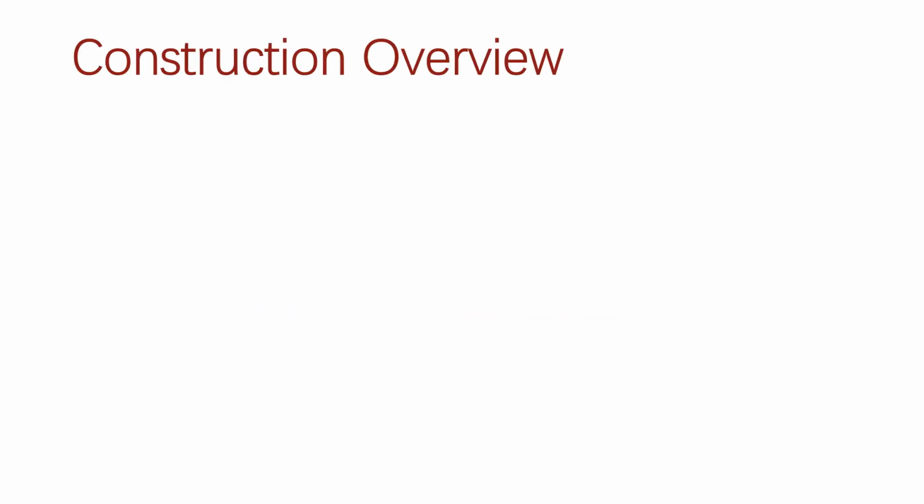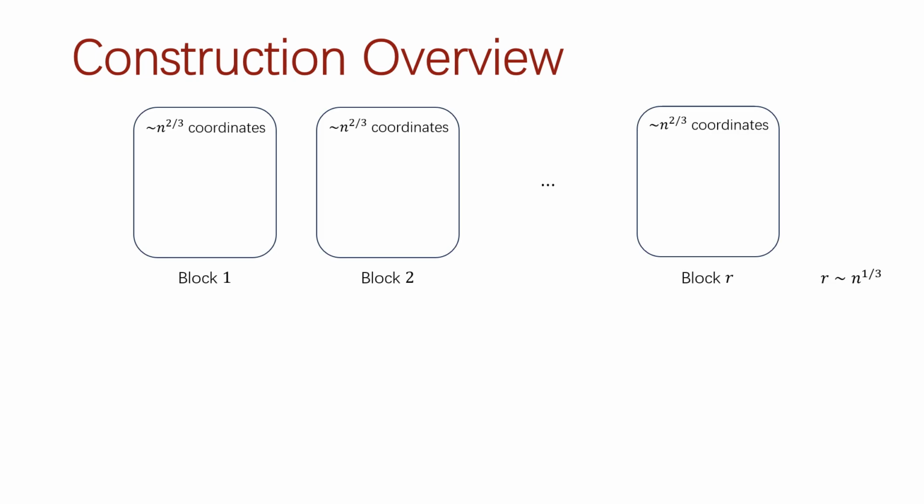Before reaching the conclusion, I would like to talk about the high-level ideas of the lower bound. This construction is fairly common in the literature on adaptivity, and it is already used for many matrix problems and submodular minimization. In the construction, we first randomly partition the coordinates into roughly n to the 1/3 blocks, each with roughly n to the 2/3 coordinates.